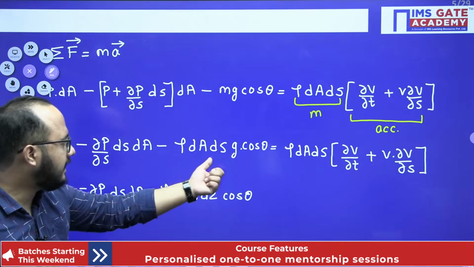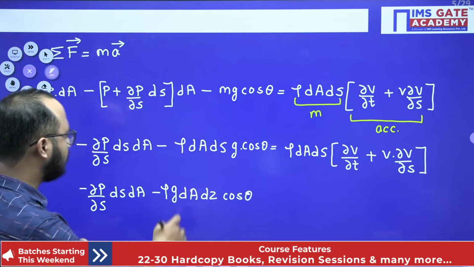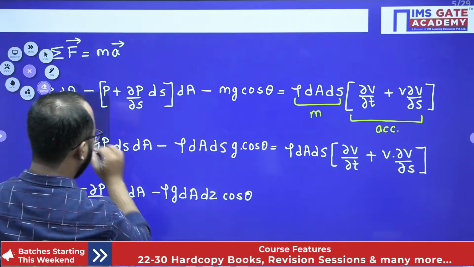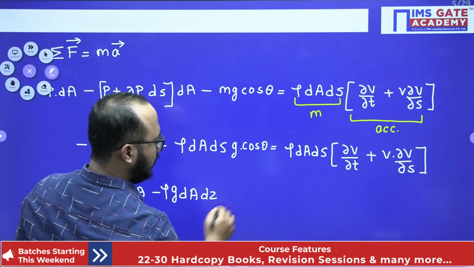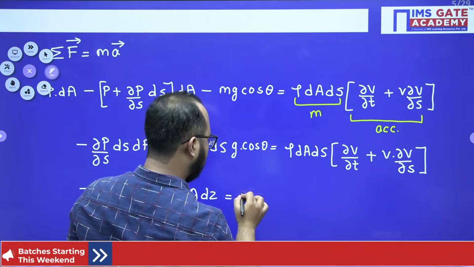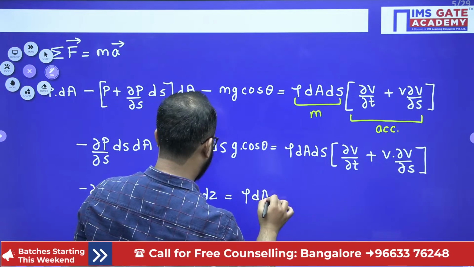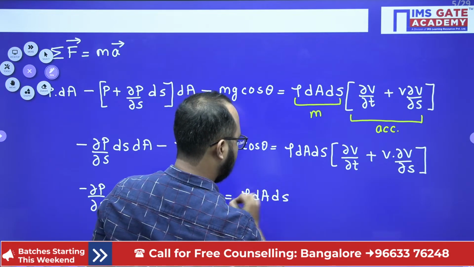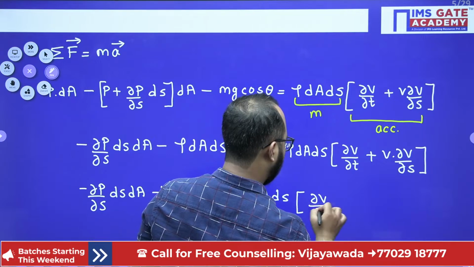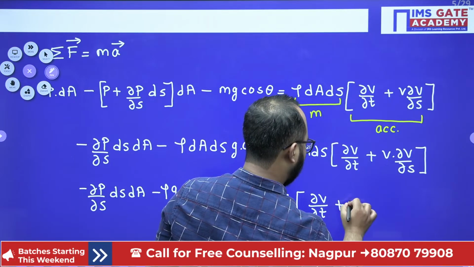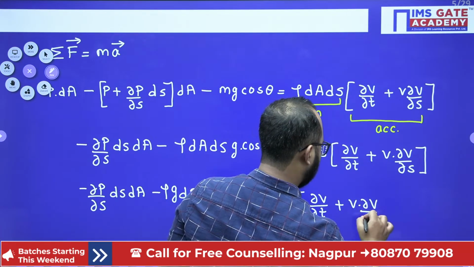So ds cos theta I have taken as dz, so cos theta will not come. Correct? And here, as it is, there will be rho dA ds, into ∂v/∂t plus v ∂v/∂s.